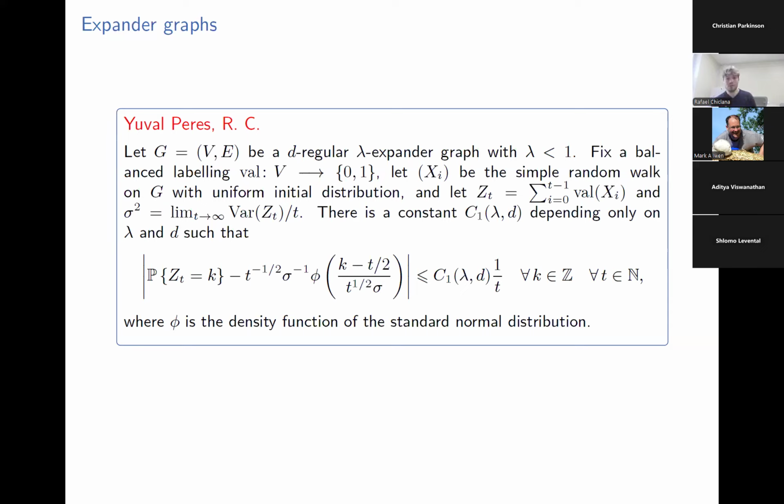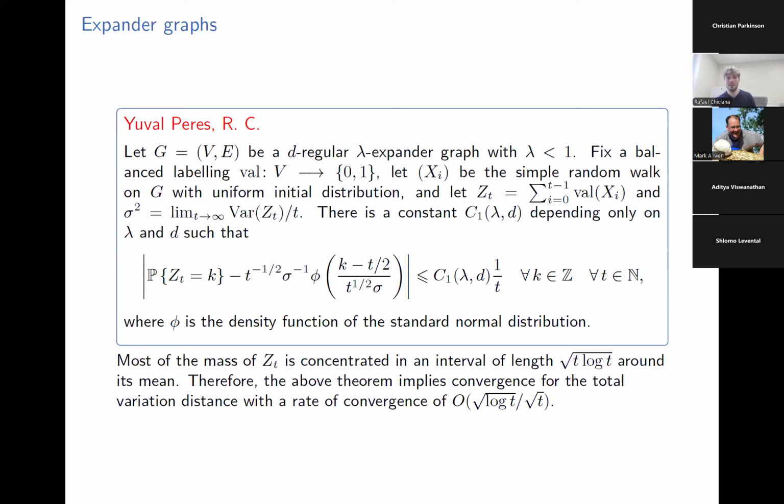The concentration of Markov chains on expander graphs is well known, and they are concentrated in an interval of length square root of t times the square root of the logarithm of t. So it's slightly bigger interval than with the binomial distribution.